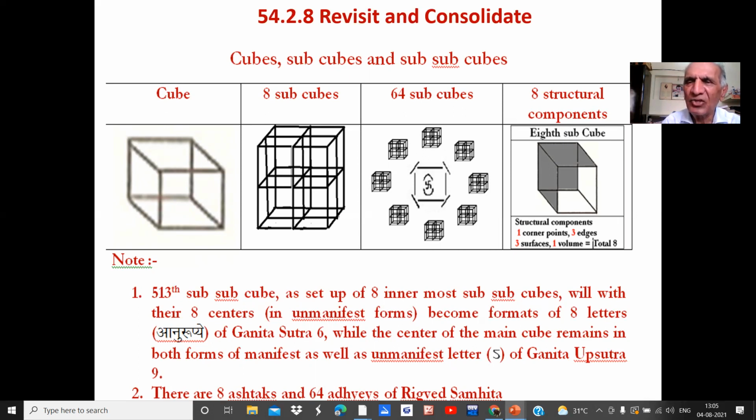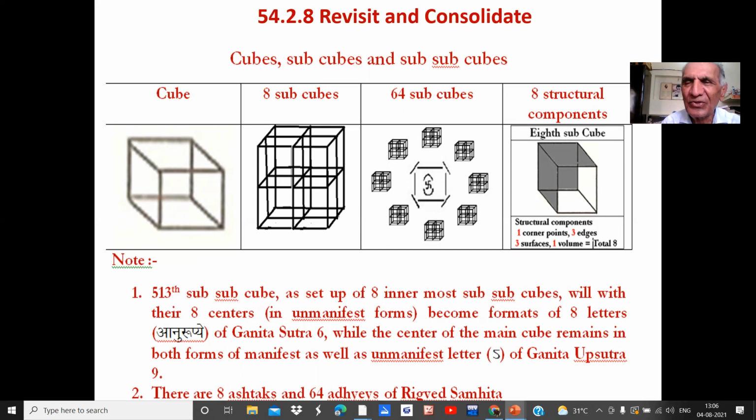And then these 512, when will take us to the 513th subcube, it will of its own have 8 centers. Now, those 8 centers as such are not marking their presence here in 512 cubes.